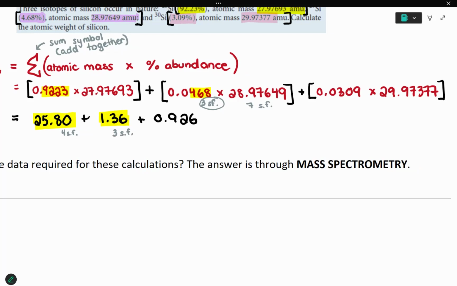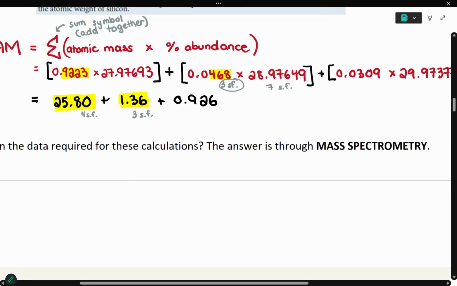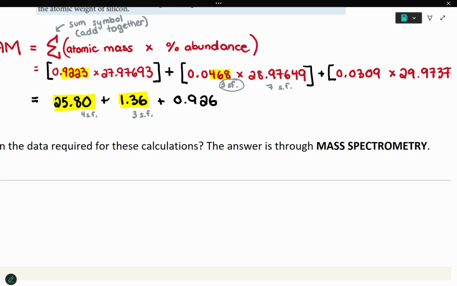What is the rule when you add and subtract? It's not lowest number of sig figs, it's lowest number of decimal places. Exactly. If we take a look at this, what has the lowest number of decimal places? We have to round it to the nearest hundredth.